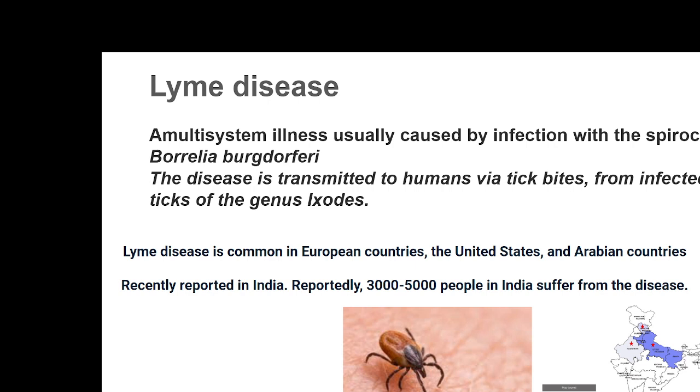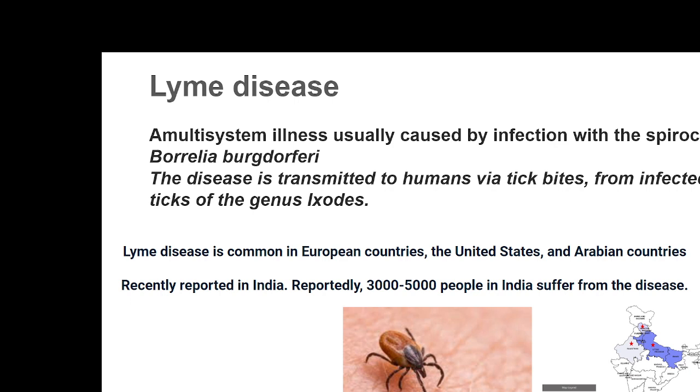So for us it may be a disease of the future, but it's actually more common in European countries, the United States and Arabian countries. In these areas, it's quite common. In India, it's reported only in some zones at present, where it could be considered endemic. It is an endemic disease and usually transmitted through ticks.